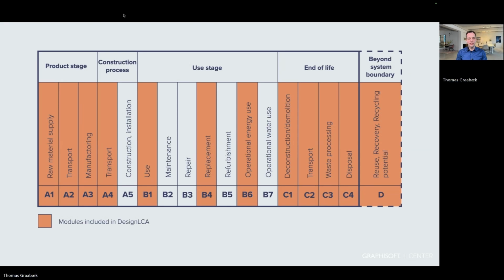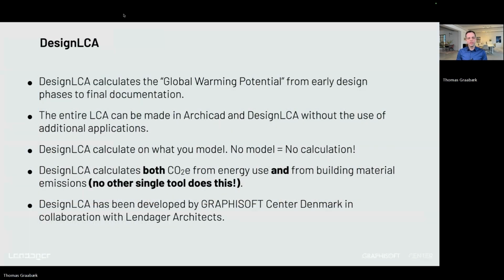And this will probably be more than you need, because the ones that we have left out are the ones where there's very little data. So it's really difficult to include in an LCA calculation. So you just take on in DesignLCA which phases you want to include, and then that's what is calculated.